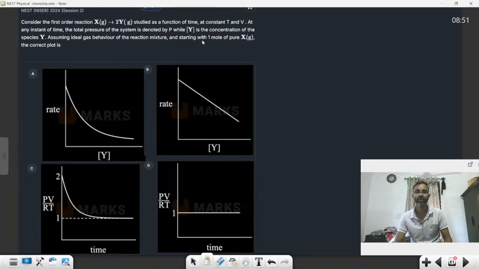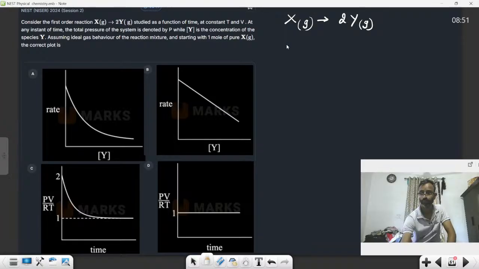Y is the product. Assuming ideal gas behavior of the reaction mixture, starting with 1 mole of pure X. There is 1 mole of pure X. So what is the correct plot?